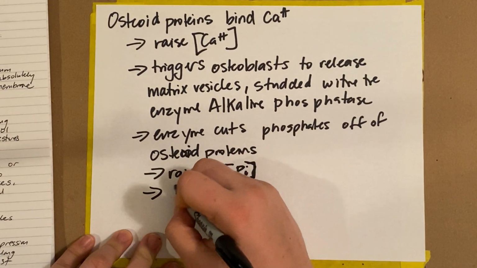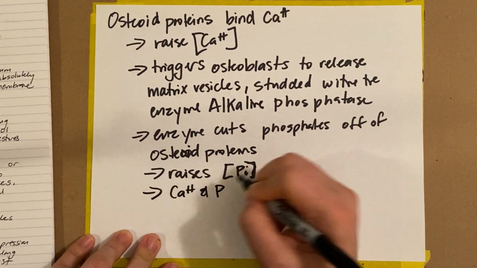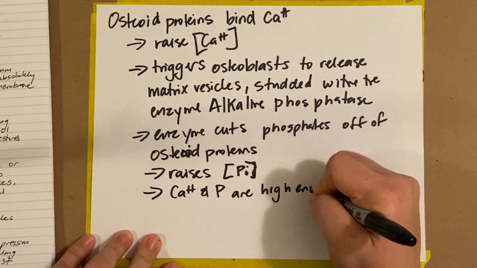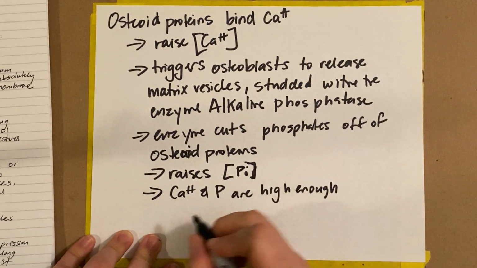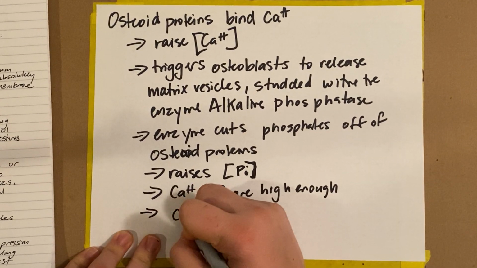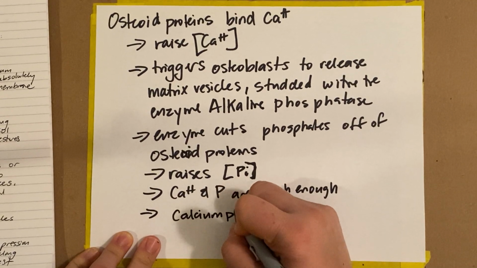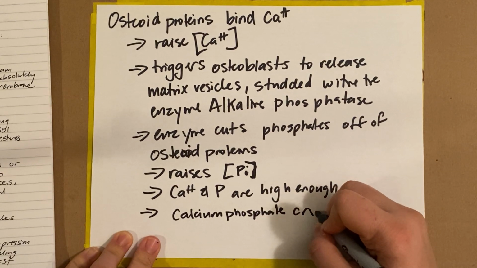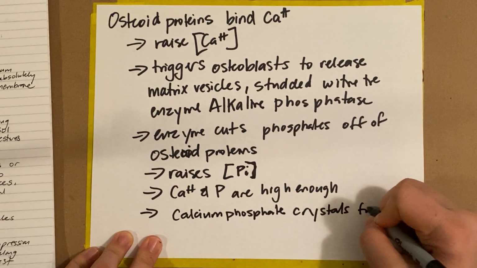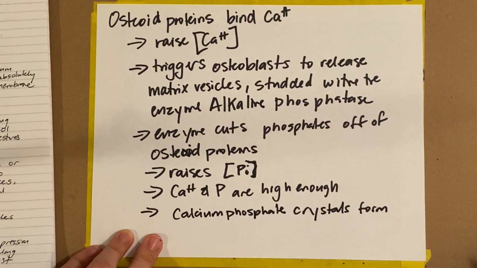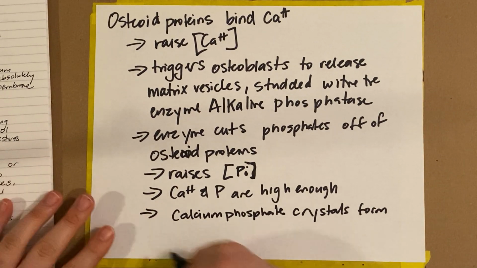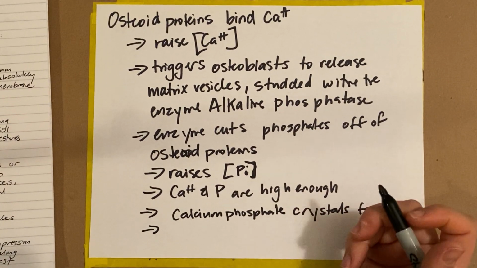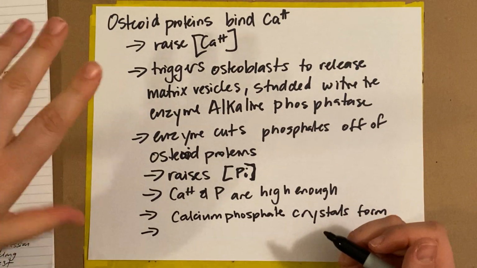When the calcium and phosphates are at a high enough concentration, calcium phosphate crystals form, okay? And then those crystals act as seeds that the hydroxyapatite will come and surround.